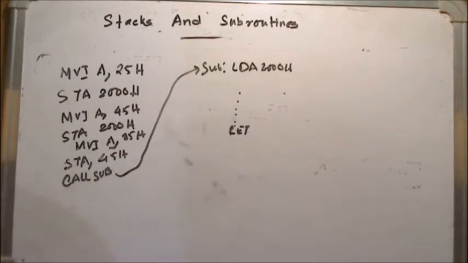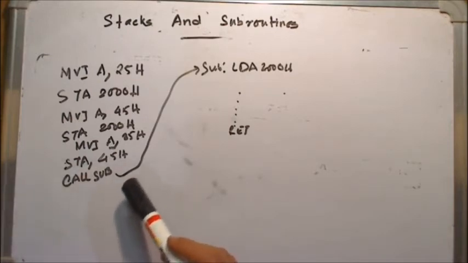Now you see, you pass the parameter to the subroutine, you do the operation, then pass the next parameter, you do the operation, and so on. Okay, so you pass these three parameters.